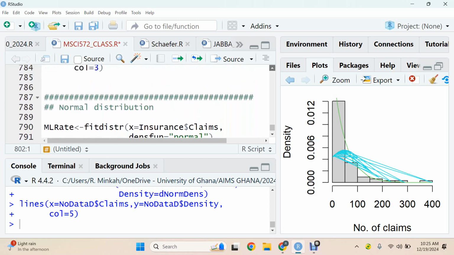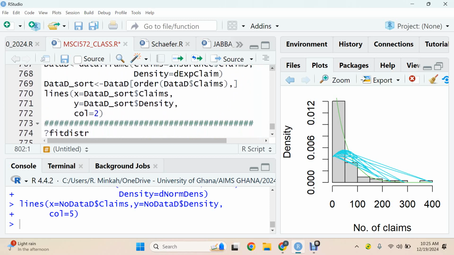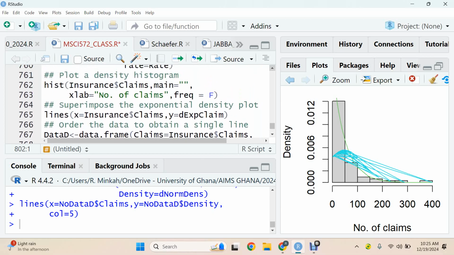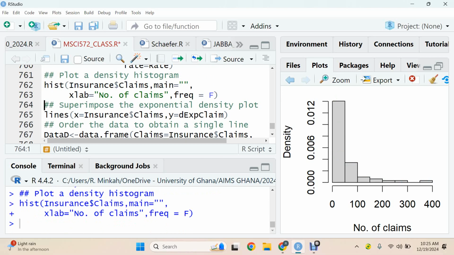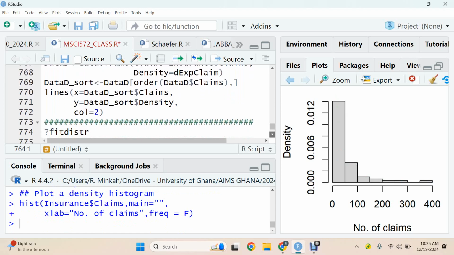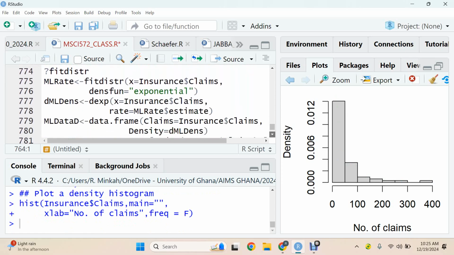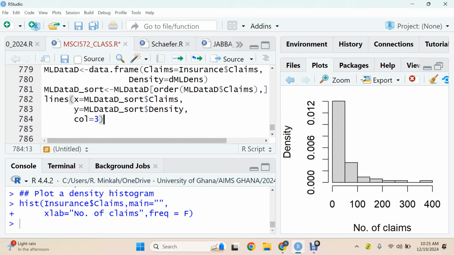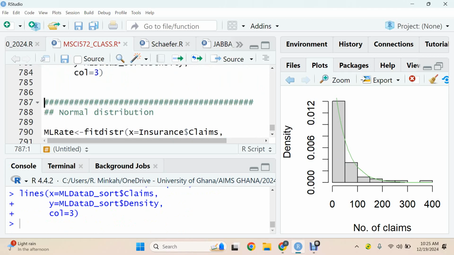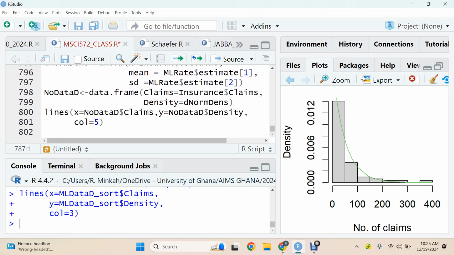Nothing really is different. So let me get my histogram done again, and then I fit the. It doesn't matter which one I fit. They were all the same, like that. And then now I can go and organize this.